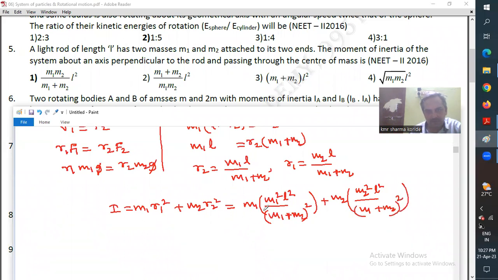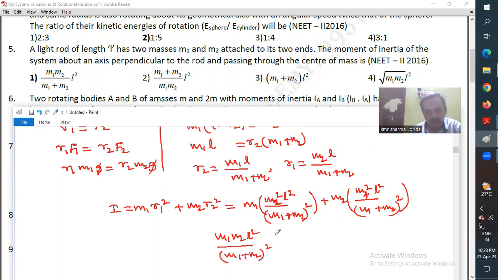If you simplify this, you take M1 M2 common, then L square, with denominator (M1 plus M2) whole square.